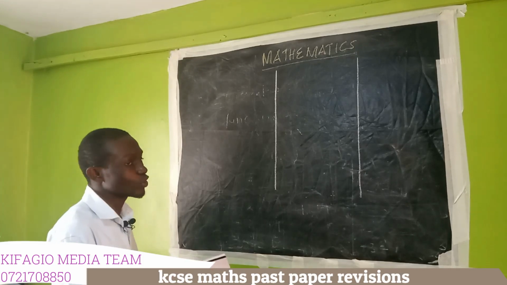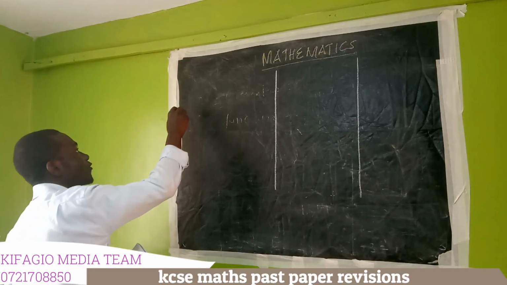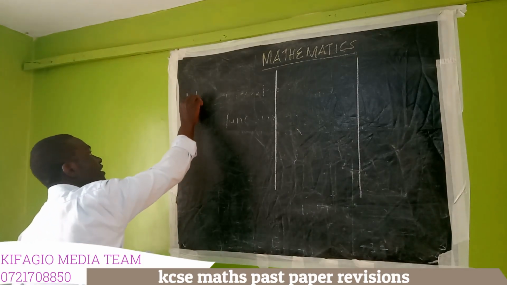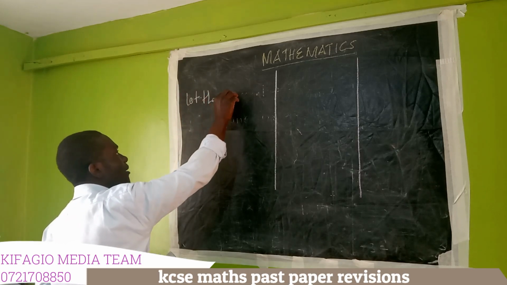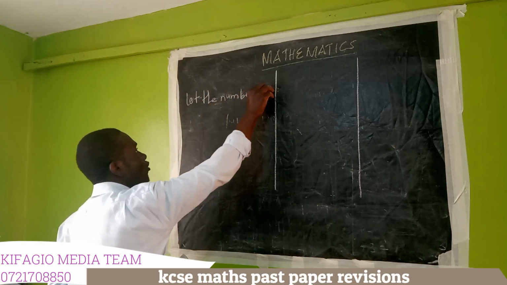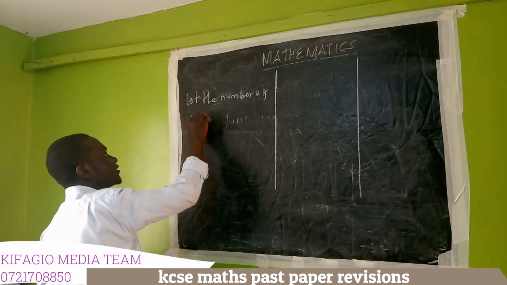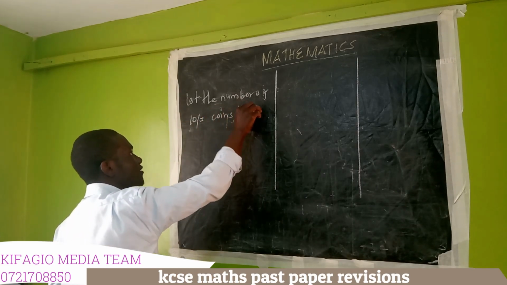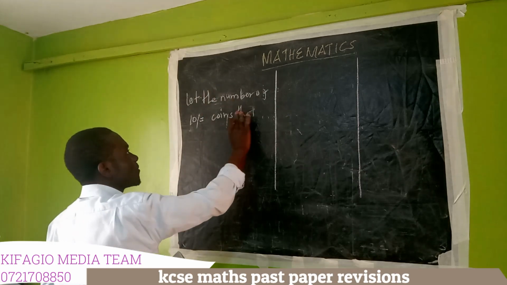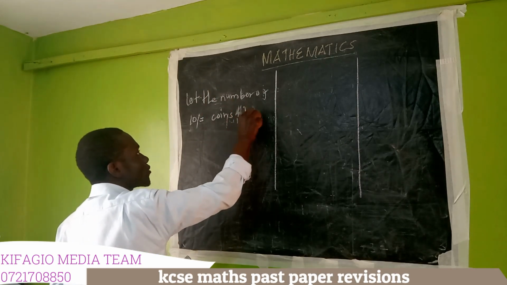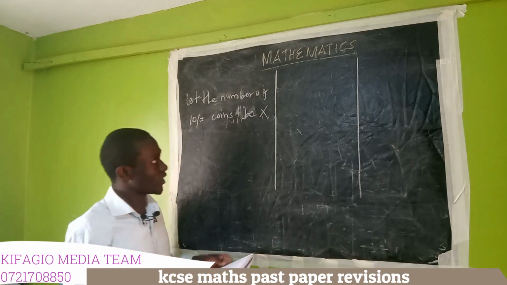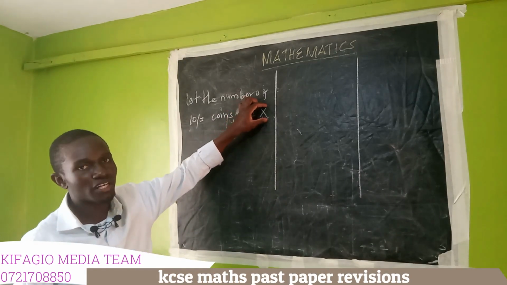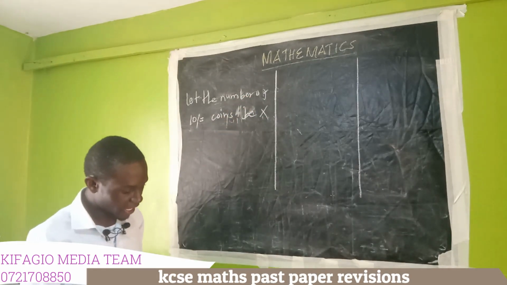So you introduce a variable and say, let the number of 10 shilling coins that Kimani has be equal to x. So x is just a variable representing a value that is not known by us.